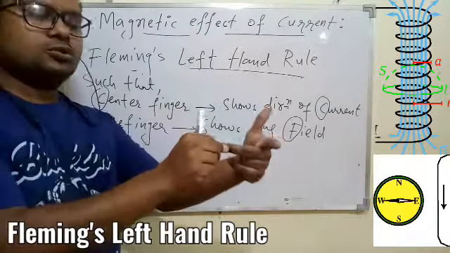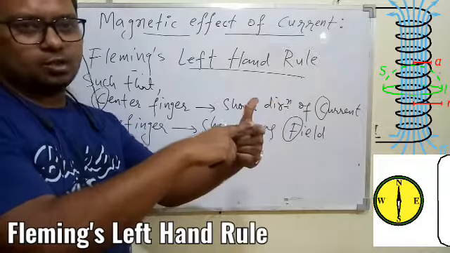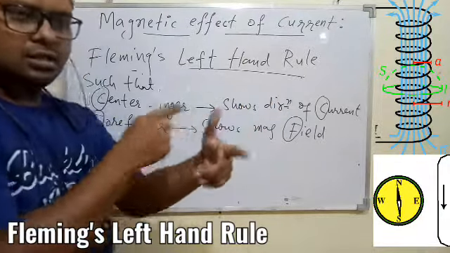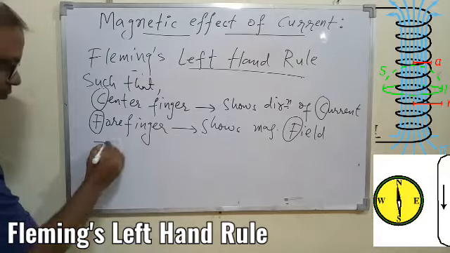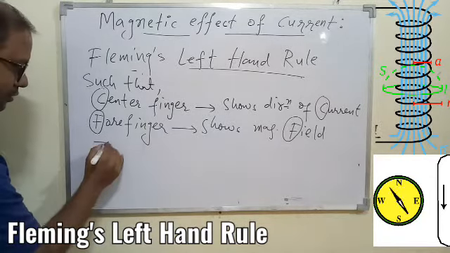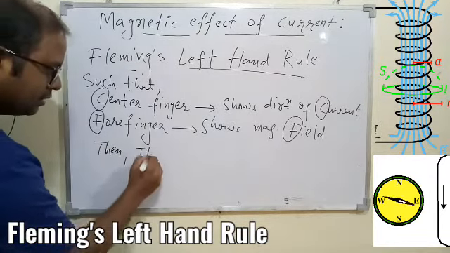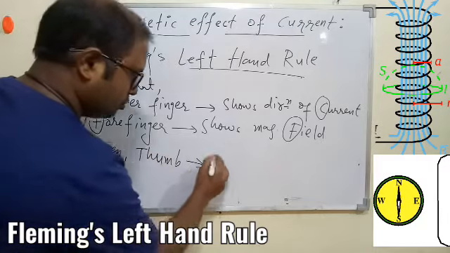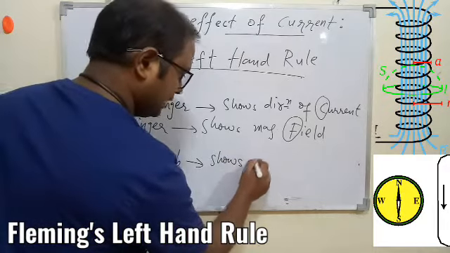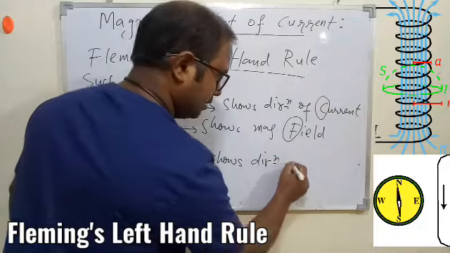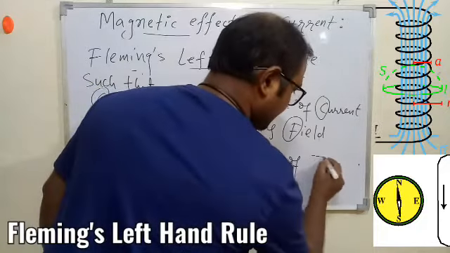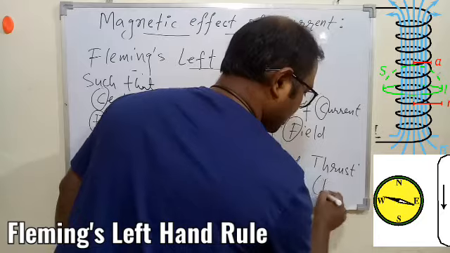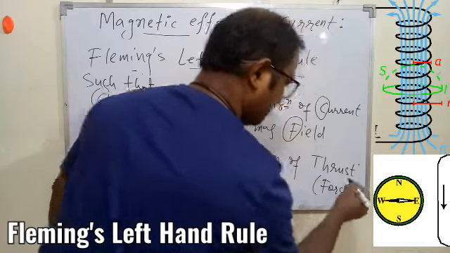So this shows the direction of current, this shows the direction of magnetic field, and now according to this rule, this T, that is thumb, shows the direction of force. We can also write thrust or force.